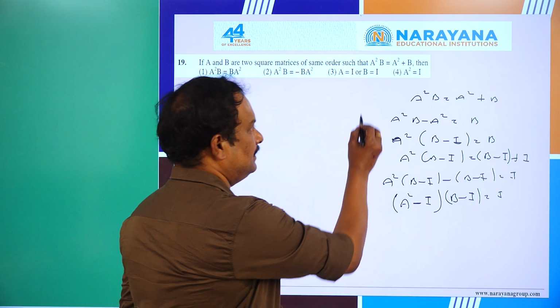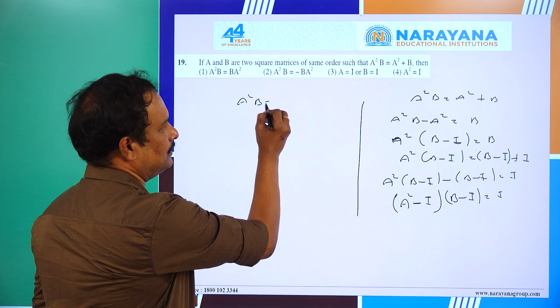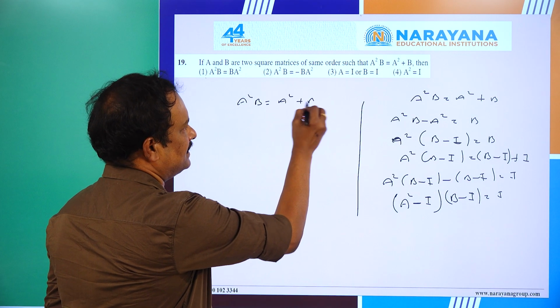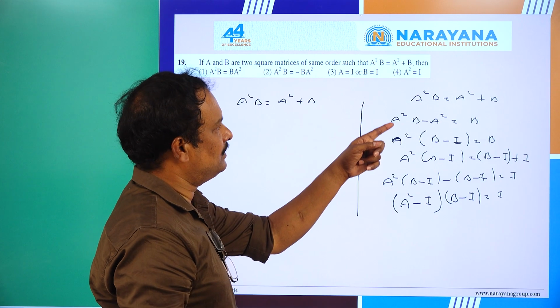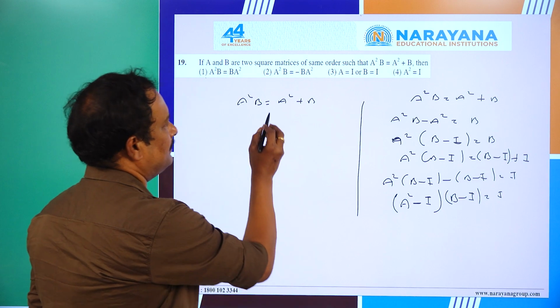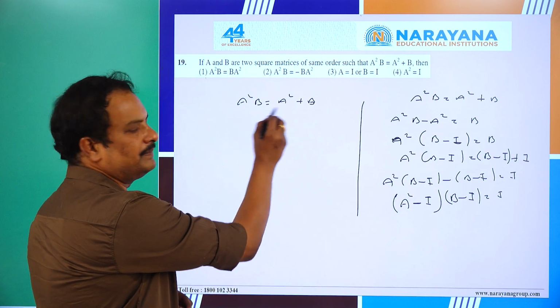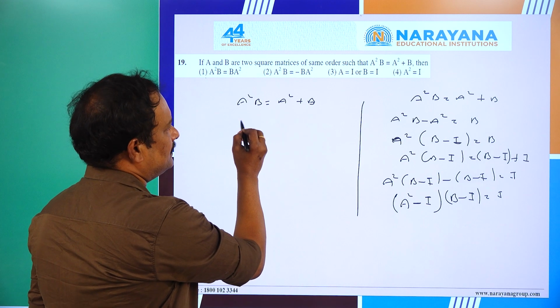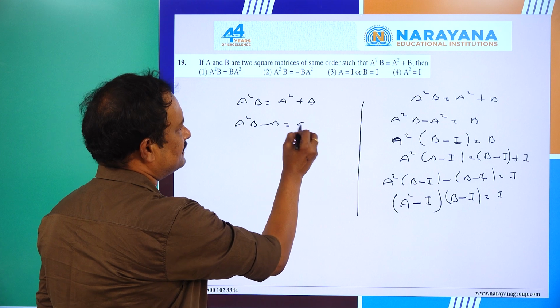In a similar manner, you can take even this one. That is, A square B is equal to A square plus B. This was taken. Now previously we have taken A square to this side. This time I am now going to take this value. What I mean is that B is common in these two. So that is A square B minus B is equal to A square.